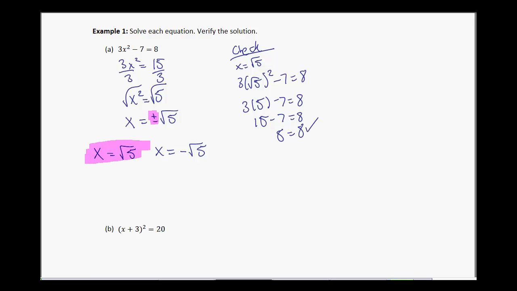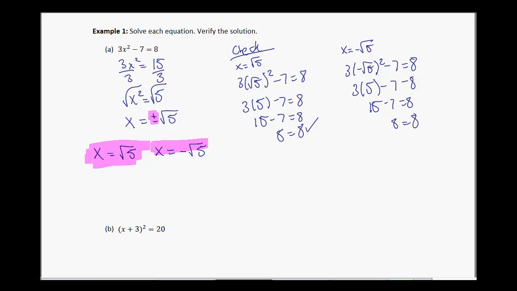X equals square root 5 is a good solution. And x equals negative root 5, we get 3 times negative root 5 squared minus 7 equals 8. 3 times 5 minus 7 equals 8. 15 minus 7 equals 8, and 8 does equal 8 yet again. Perfect. Then x equals negative root 5 is also a real root.